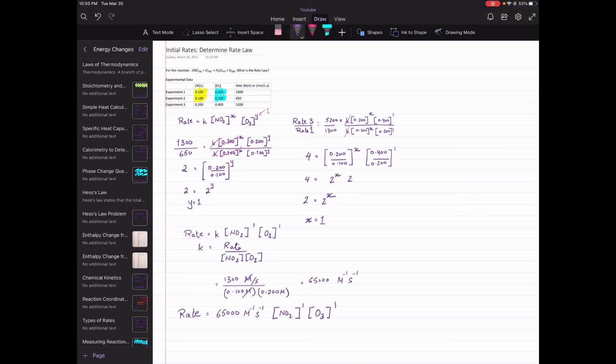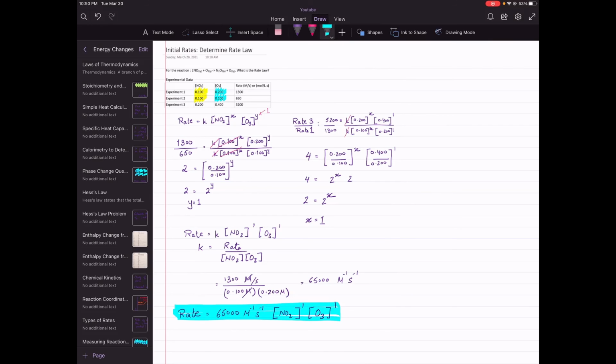And that is my entire rate law. So that is my final answer. That's my final rate law. Rate is equal to 65,000 per mole per second times the concentration of NO2 to the power of 1 and concentration of ozone O3 to the power of 1.